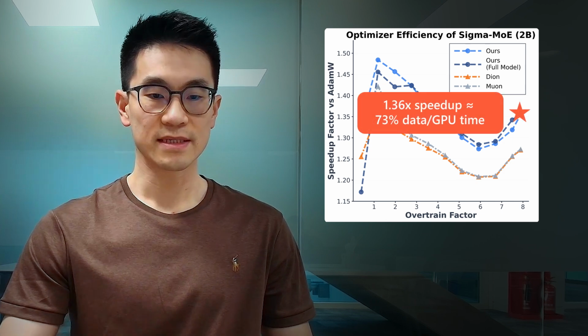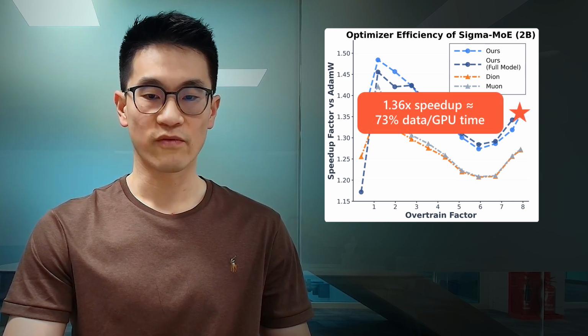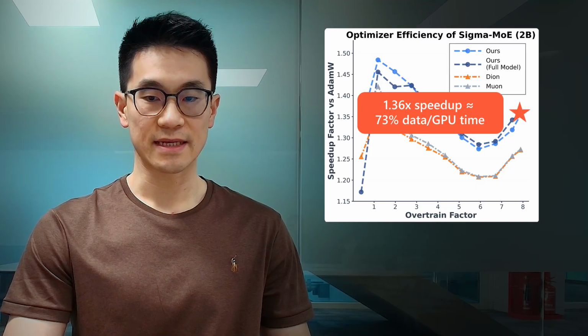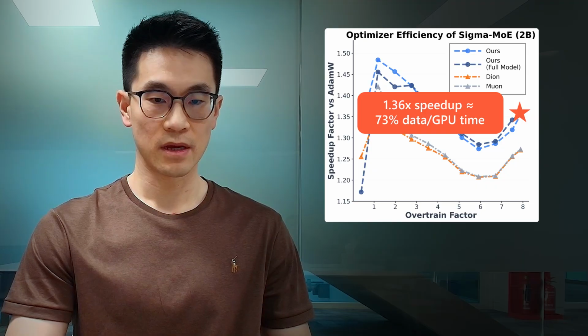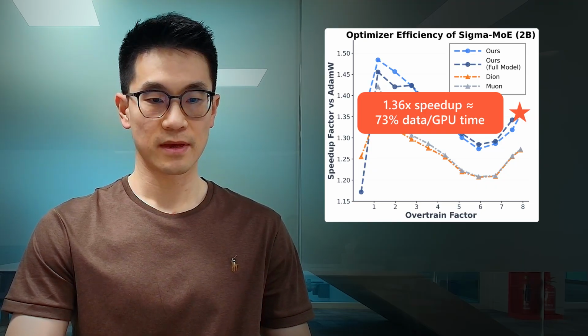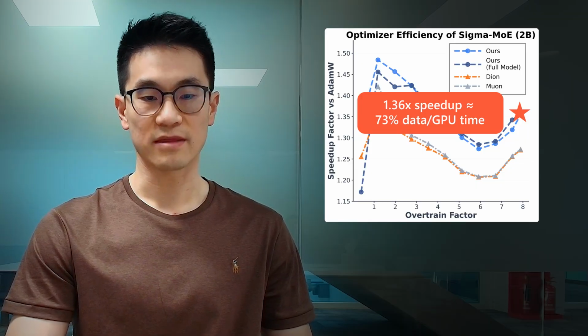For example, this spot indicates a 1.36 times speedup at the 8 overtrain factor. It means that ARO only uses about 73% of the data or GPU time to reach the same loss as AdamW at that training stage. Therefore, the higher the speedup, the more efficient the optimizer will be.